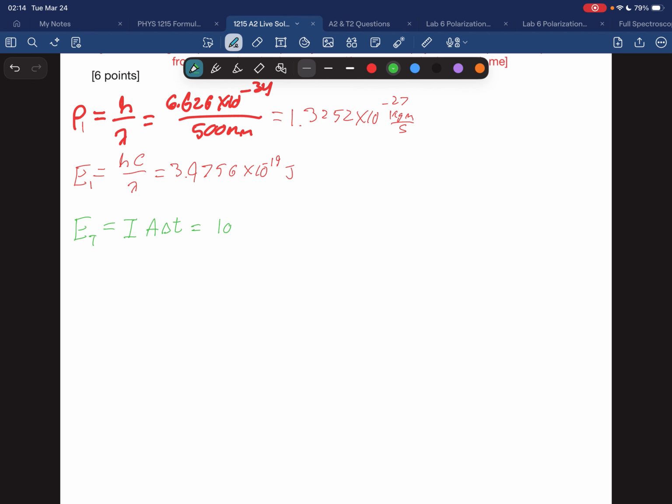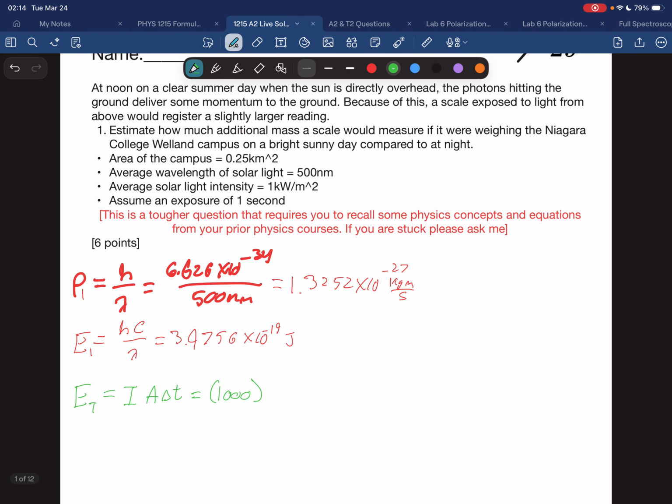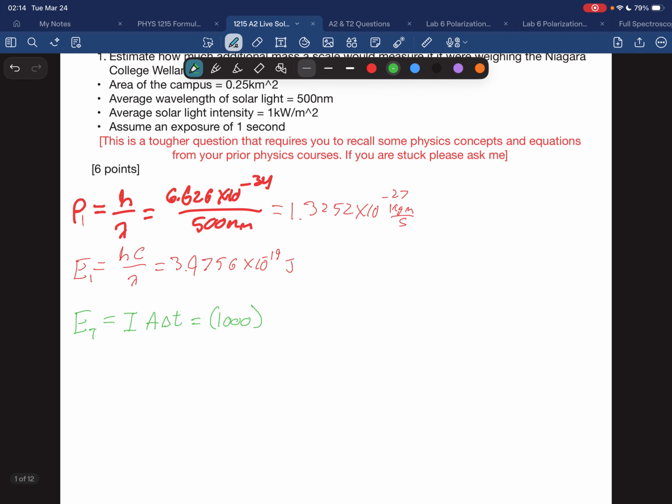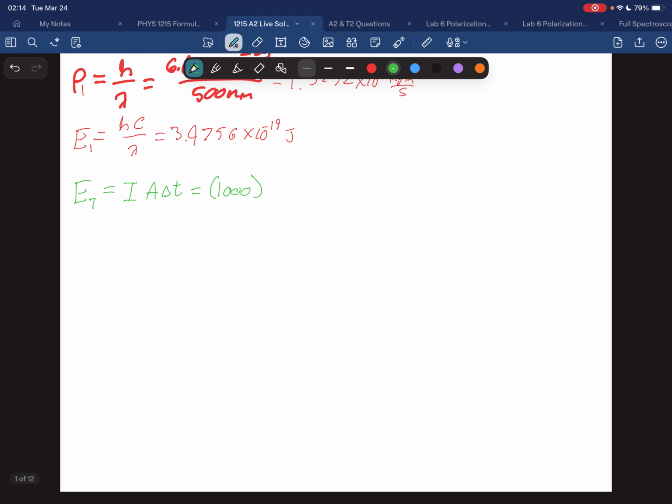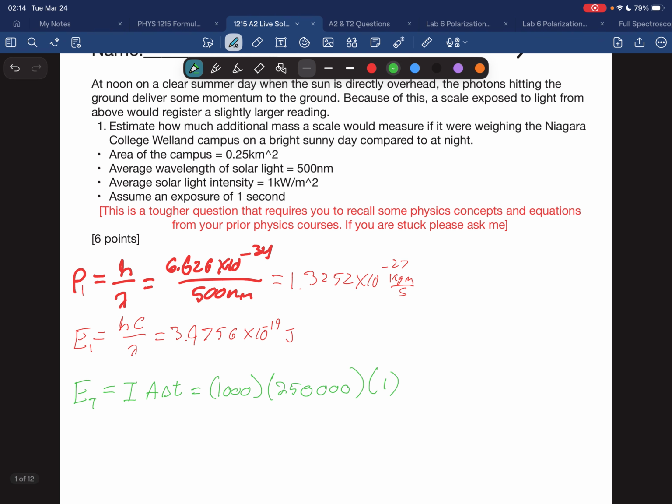So this is going to be 1,000 for our intensity. Our given value here is 1 kilowatt per meter squared. So this is 1,000 watts per meter squared. Our area converted to meters is 250,000. And our exposure time is just 1 second.